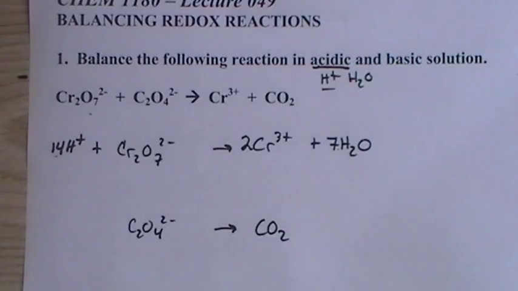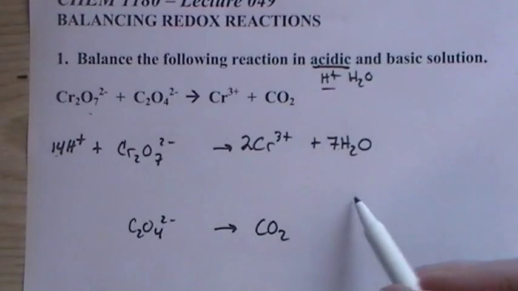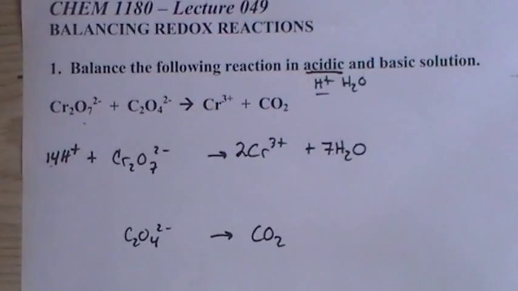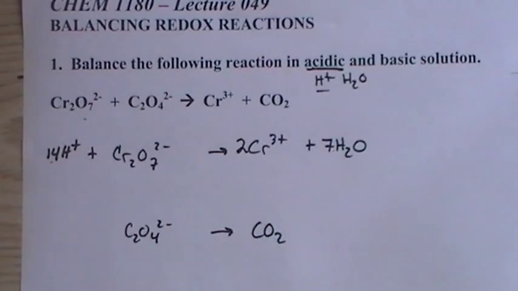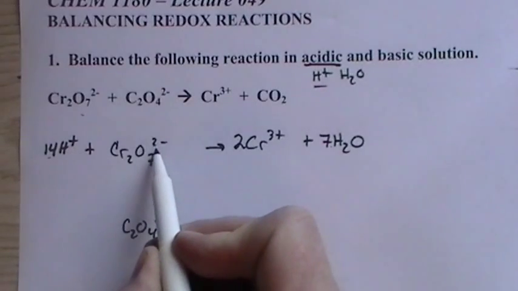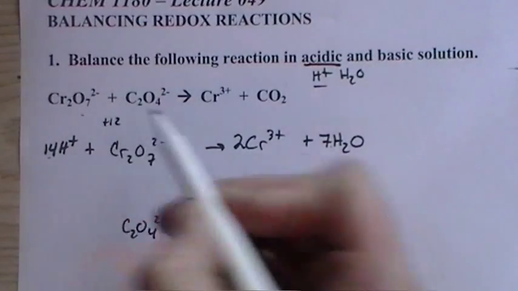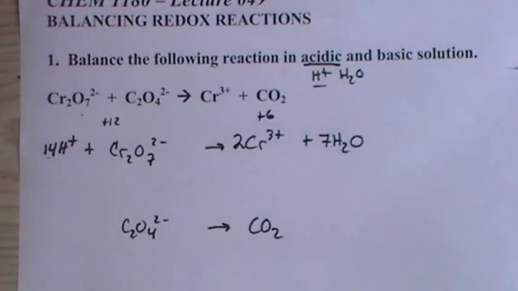Now we have to balance the charge. The charges have to be the same on both sides. We can't lose or gain mass from one side to the other. We can't lose or gain charge. So we have plus 14 and a minus 2. So the total charge on this side is plus 12. We have 2 times plus 3, so that's plus 6.